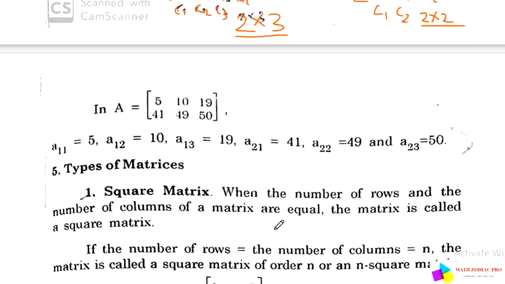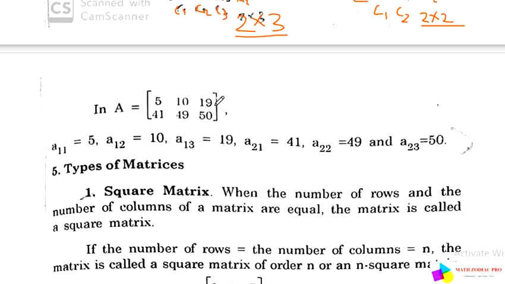Next, here A equals 5, 10, 19 and 41, 49, 50. So this is A1.